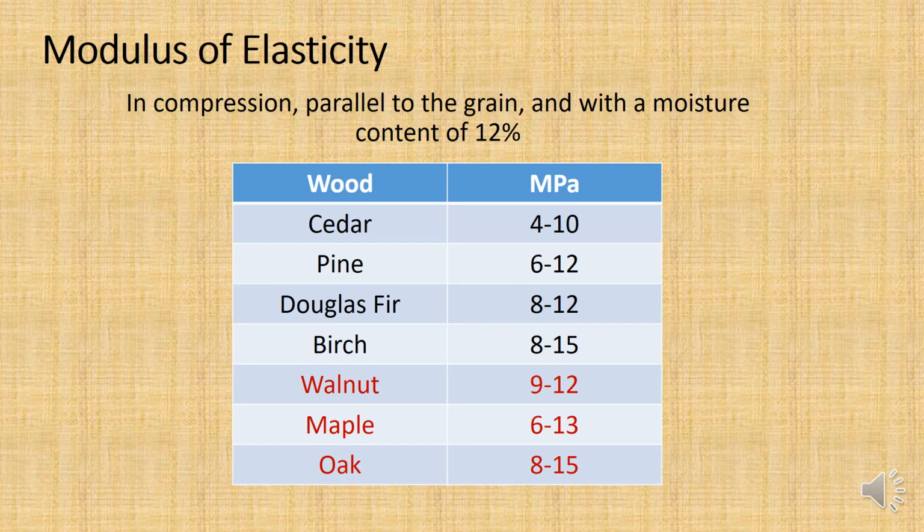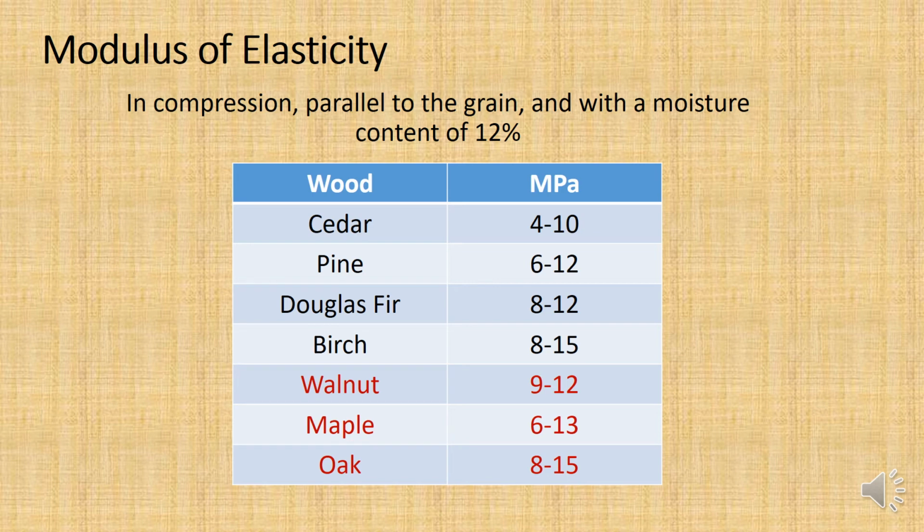I've listed 7 different kinds of trees, and they've all got different moduluses of elasticity, but you'll see that 4 of them are in black and 3 of them are in red. What is the distinction I'm making there? For those of you paying attention, the black ones are evergreen trees, the softwoods, and the red ones are deciduous trees, the hardwoods.